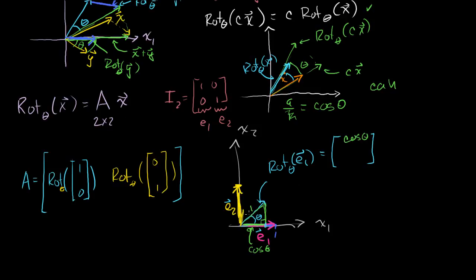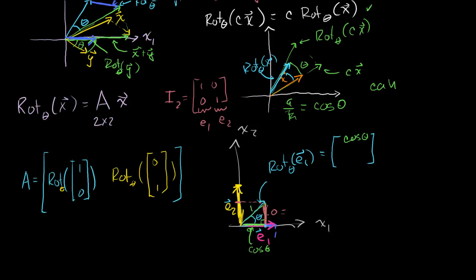Now, what's its vertical component going to be? Well, its vertical component is going to be this height right here, which is the same thing as that height right there. We call this the opposite. Sine of theta is equal to the opposite over 1.